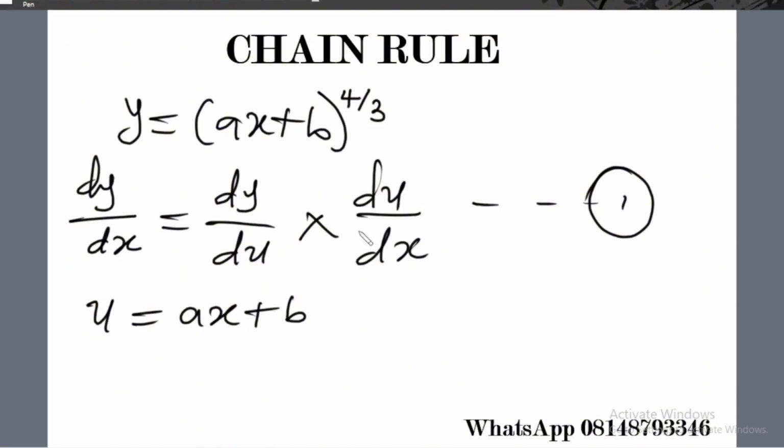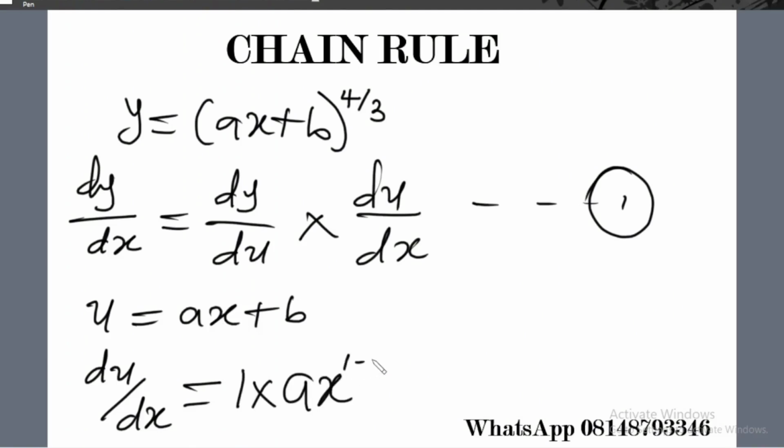Now, let's find du all over dx. Therefore, du all over dx equals, if you differentiate ax with respect to x, it gives you 1 multiplied by ax raised to power 1 minus 1, which gives us 1 multiplied by a x, and then 1 minus 1 is 0, and anything raised to power 0 is 1, so we have a.